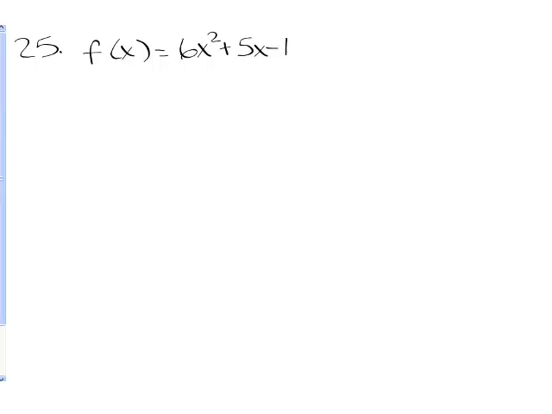We want to know where the slope is 0, where the slope is horizontal. Horizontal slope means straight horizontal line.